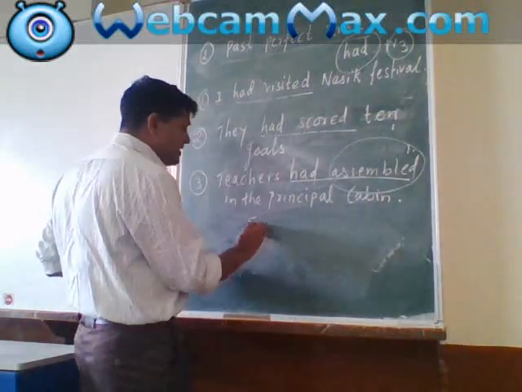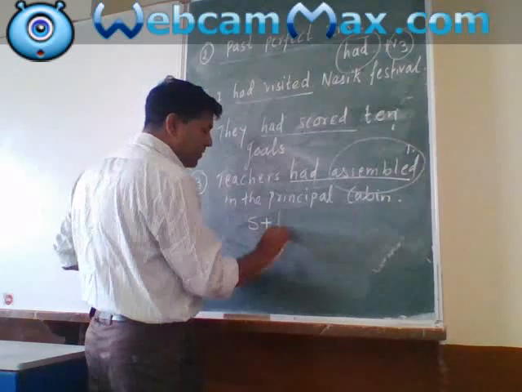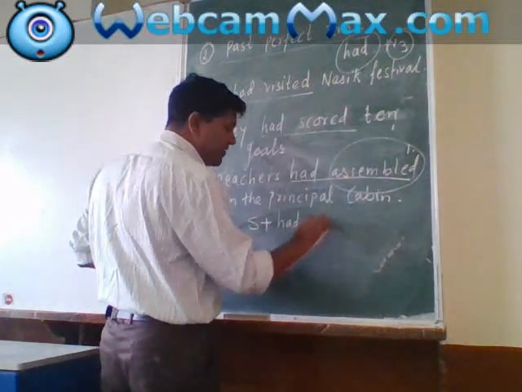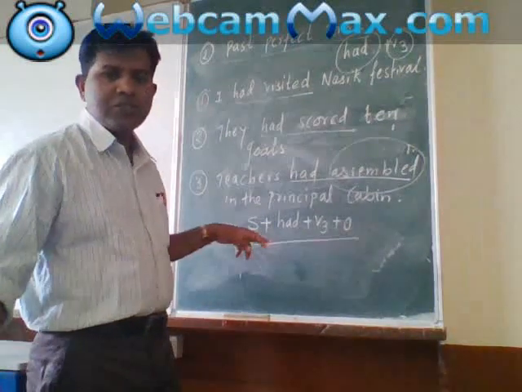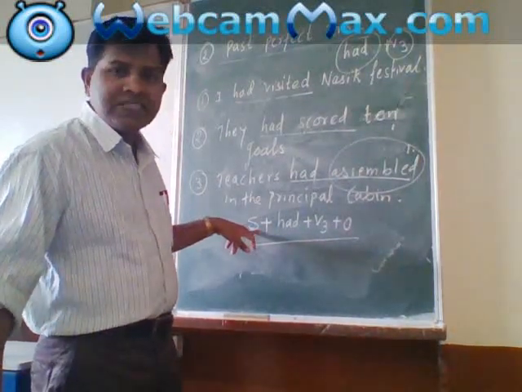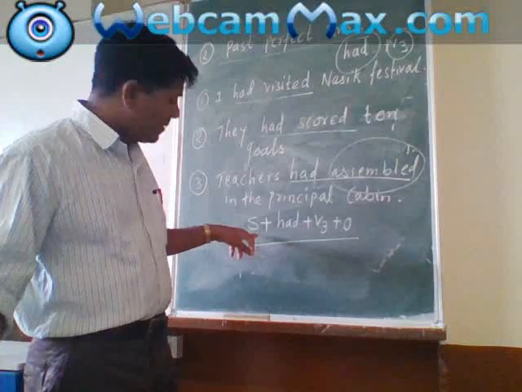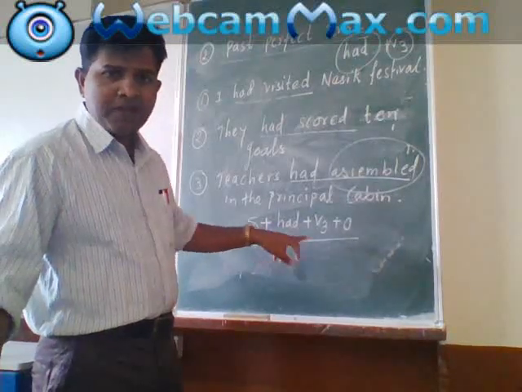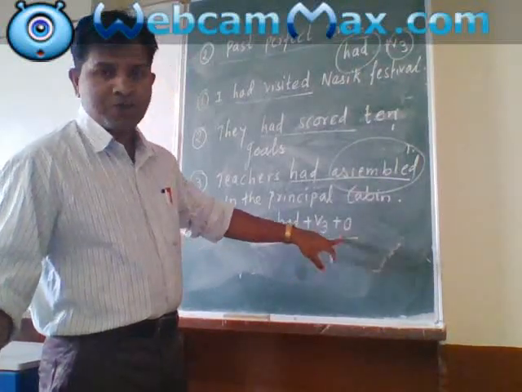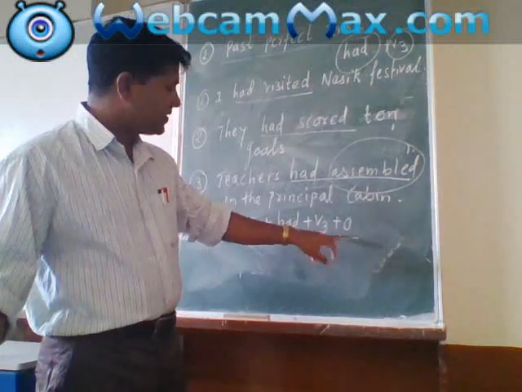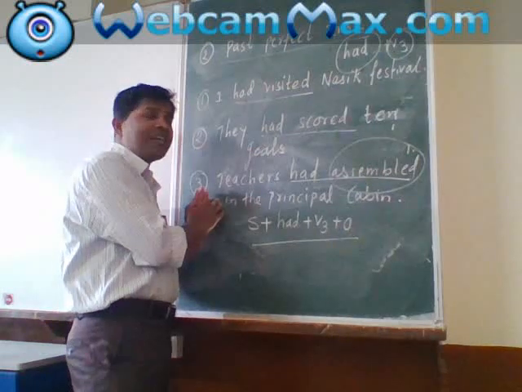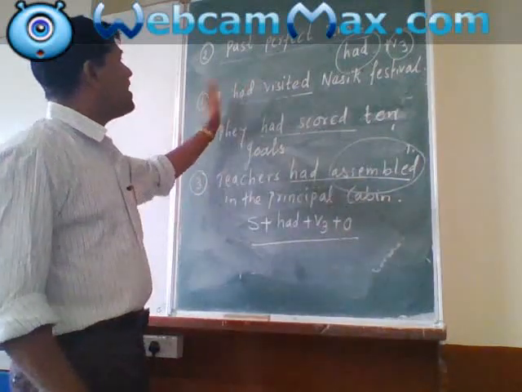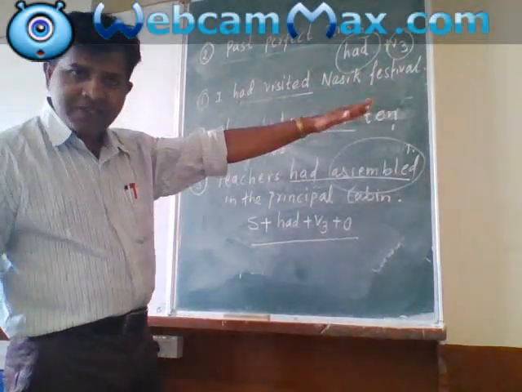Now you see here the pattern of the tense. The pattern of the tense is subject plus had plus V3 plus object. So it is the pattern of the sentence. Okay. So here then interrogative of these sentences. Had I visited Nasik festival?